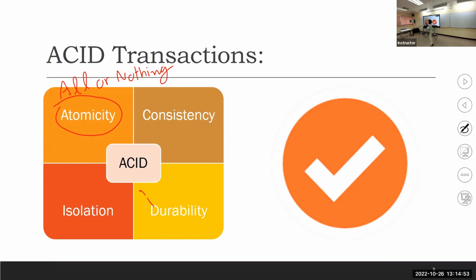Okay, that is atomicity. A good example to illustrate why atomicity is important is this is me and this is you. Somehow I feel very happy today.